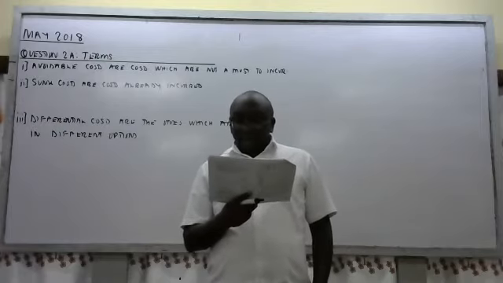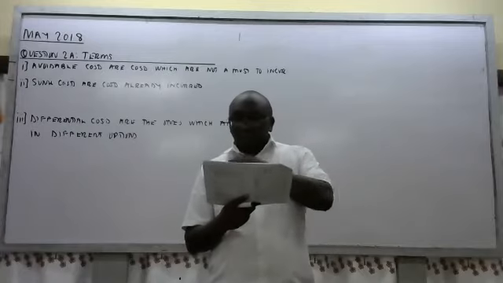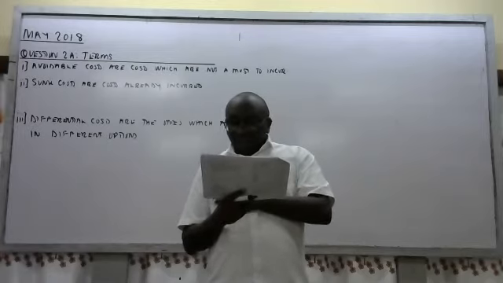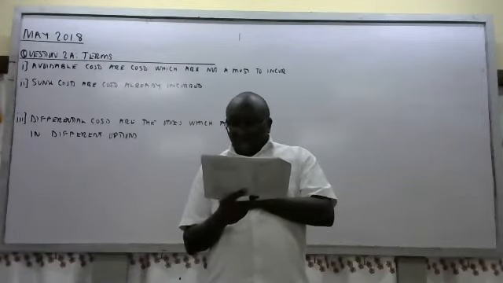We have all that. A computer output of the above data using a spreadsheet package was provided as follows. Now we are told to get the equation of the regression line of the data.